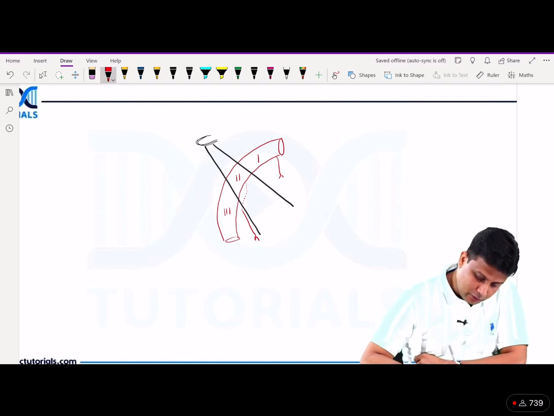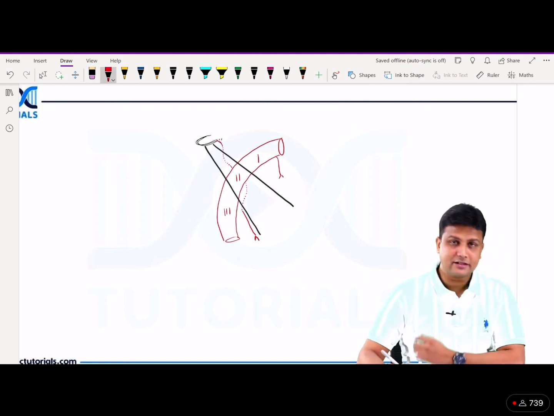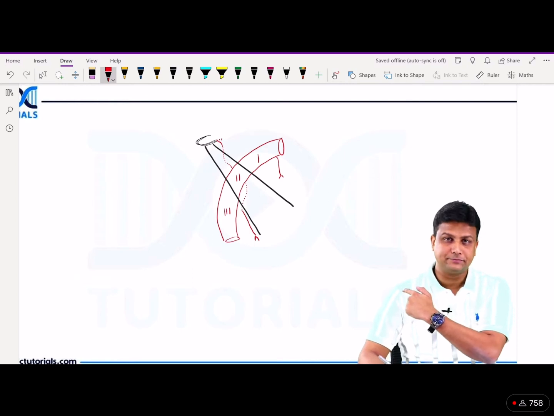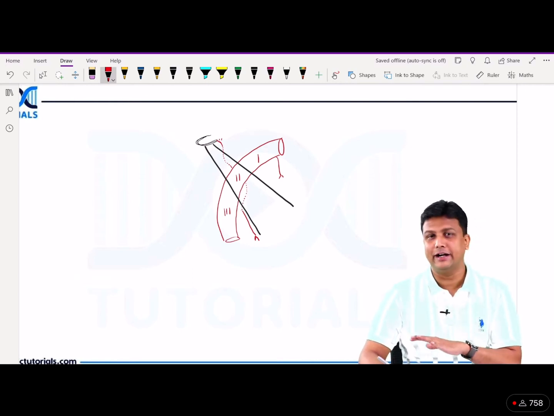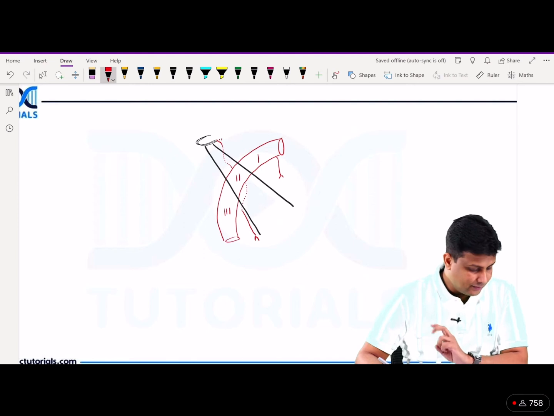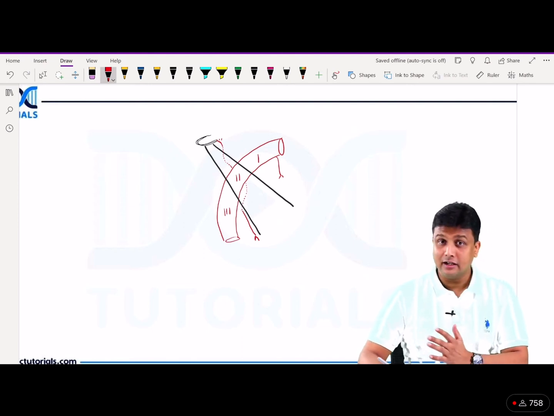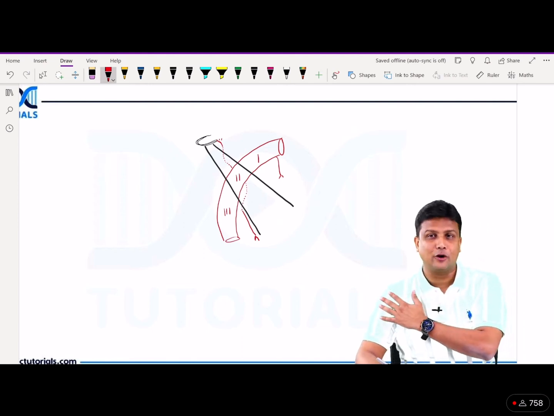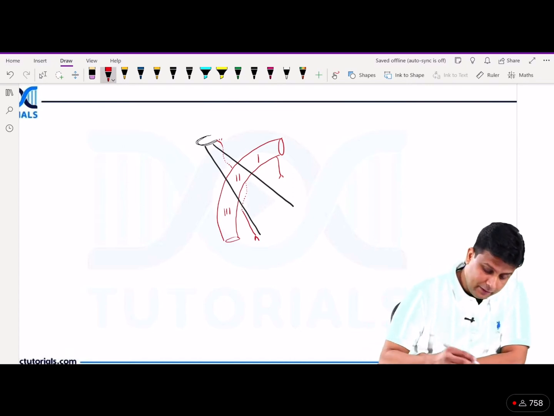Apart from that, one more branch is given here, and this branch is going towards here, guys, and that is the thoracoacromial artery. That is how you have to identify. So the second part will give 2 branches: one will be the lateral thoracic artery, another one will be the thoracoacromial artery. Very simple. And the third part will give 3 branches.